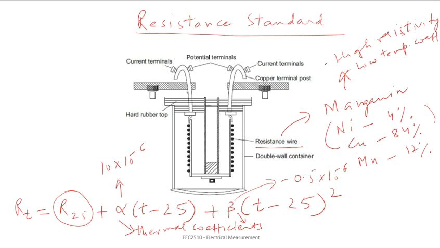For accurate measurement, the current drawn from the inner terminals must be kept to the minimum. We'll also discuss this 4-terminal resistance separately.